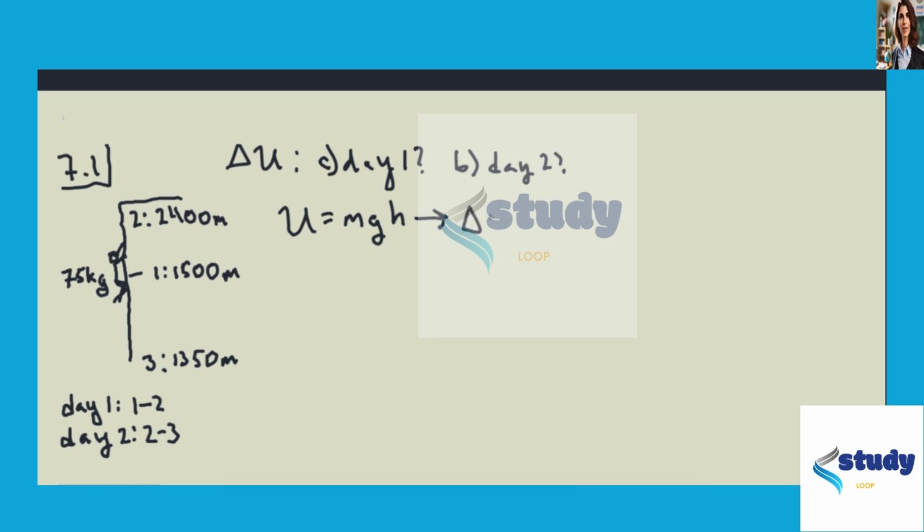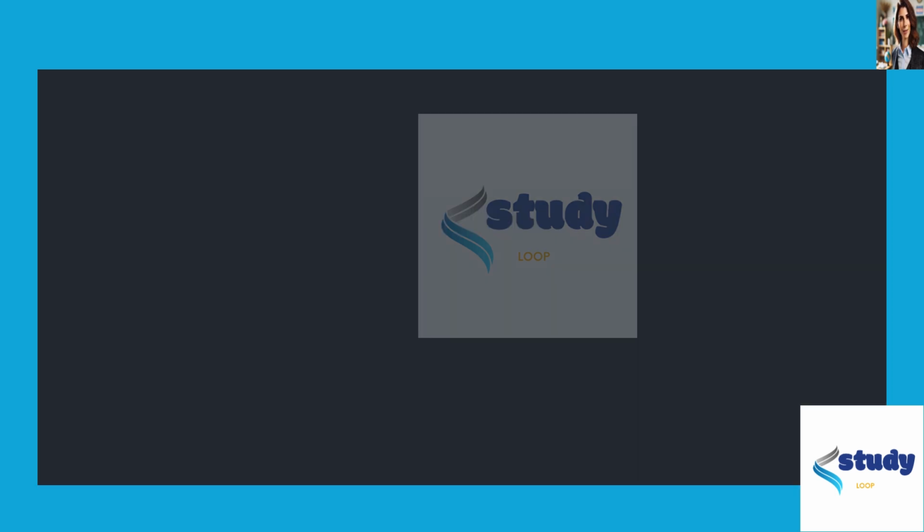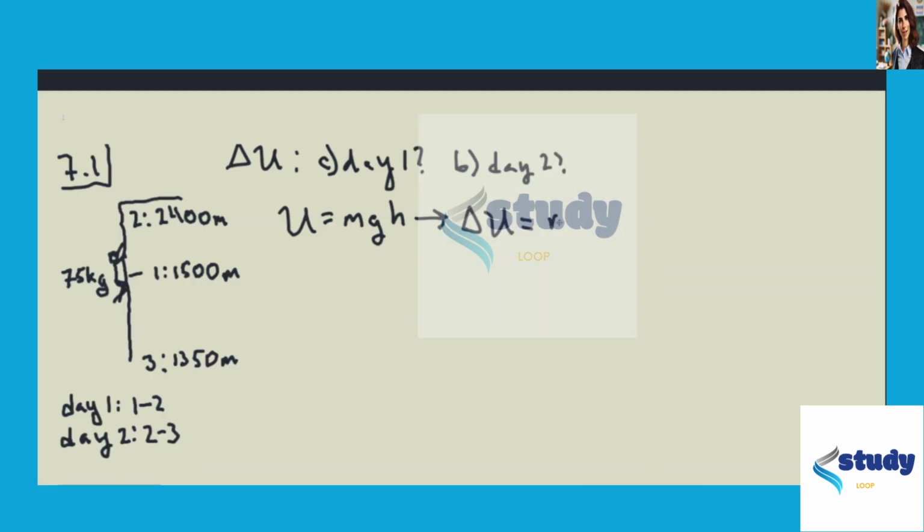And so the change in potential energy is equal to the difference of these two things at two different times or places, and the mass of the object doesn't change, and the acceleration of gravity doesn't change, at least in this problem. And so then only the change in height matters.